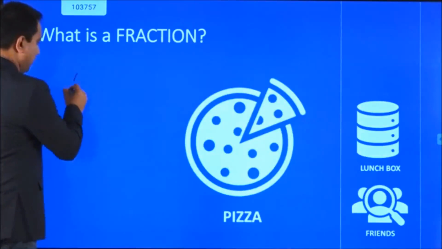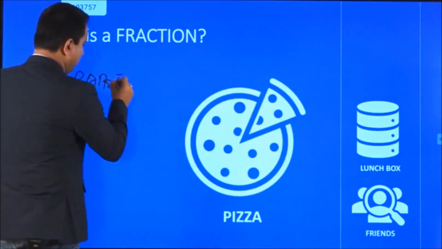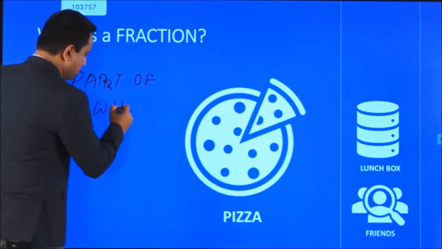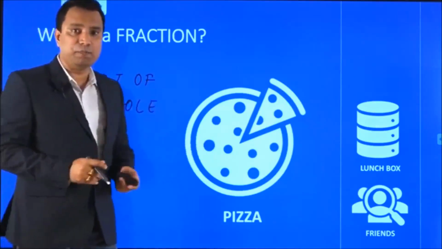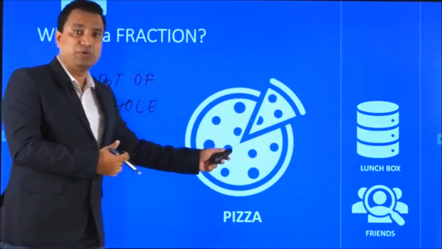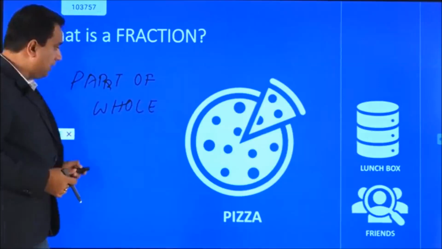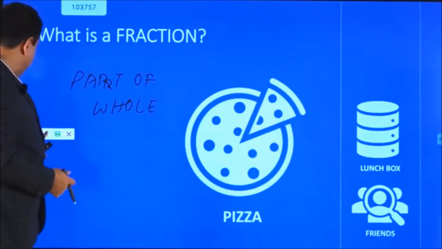So you take a part of it and you give the rest half to your brother. You give a part of it to your sister, and that's how you share the whole pizza among the family, right? Okay. Let's also see where else we see a fraction coming up, okay?